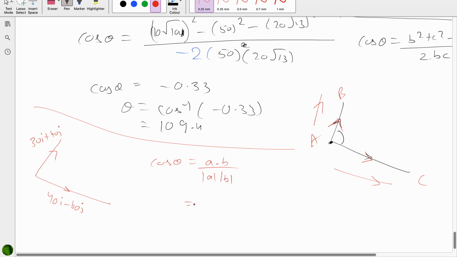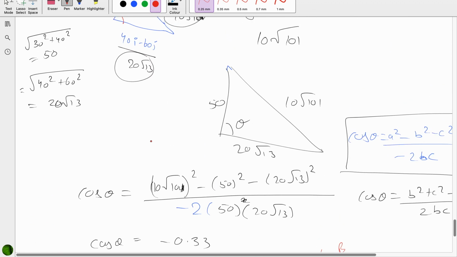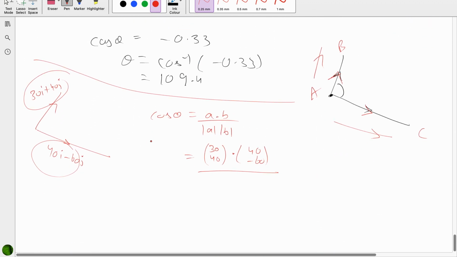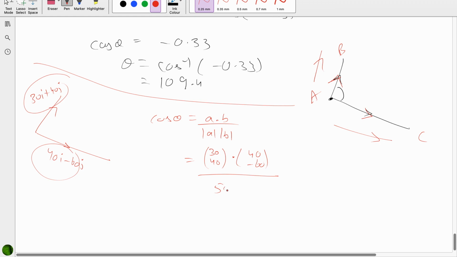So a dot b, this is vector a (30, 40) dot vector b (40, minus 60), divided by magnitude of a and magnitude of b. I'm saving time, we've already done it. So that was 50 and 20 square root 13. This is method 2.